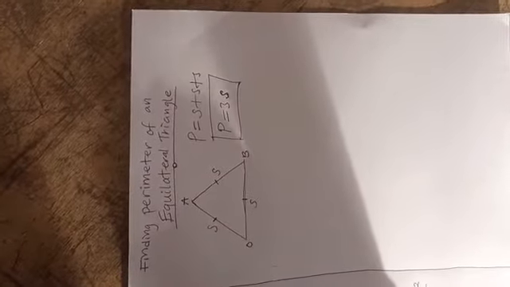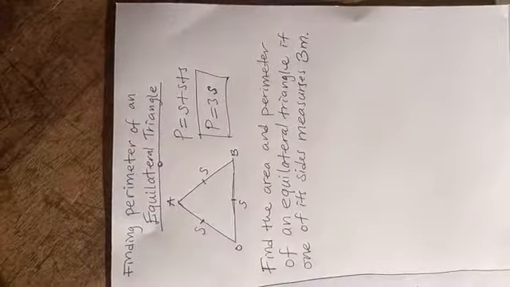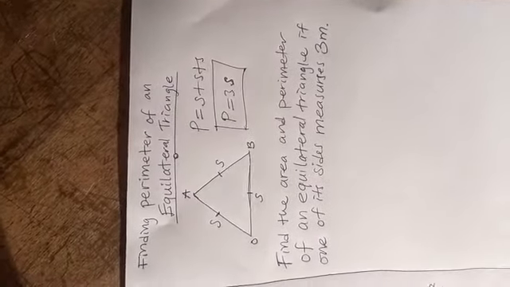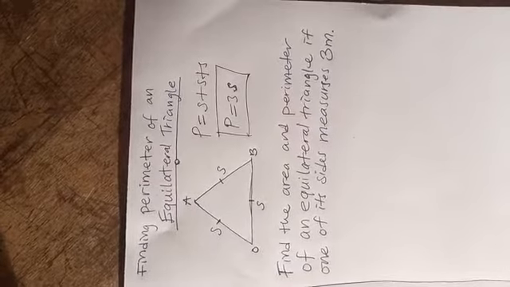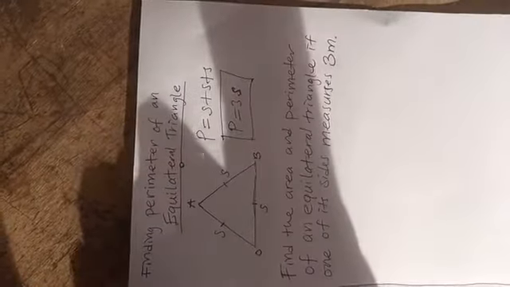So let's work one example using these formulas. Okay, this is the problem. We are asked to find the area and perimeter of an equilateral triangle if one of its sides measures 3 meters. So let's draw a triangle.